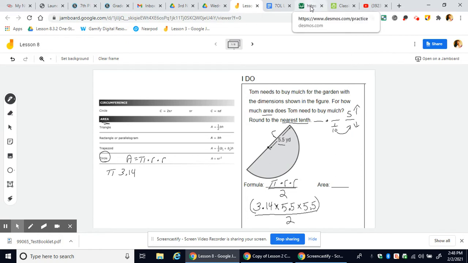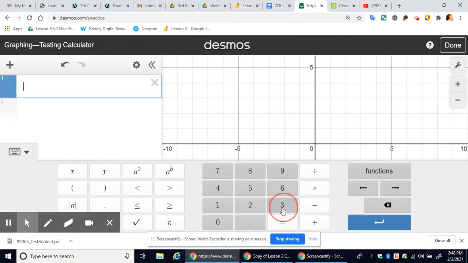So using my Desmos calculator, I would do 3.14 times 5.5 times 5.5.